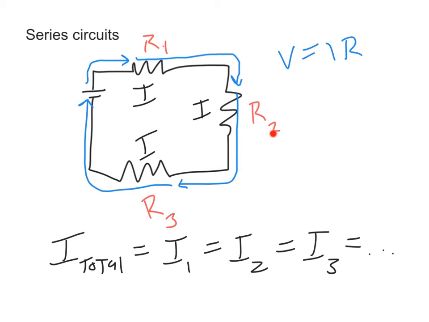And the potential difference of 2 is the resistance of resistor 2 times the current. So if these resistances are different, will their voltages be different? Yes. All right?